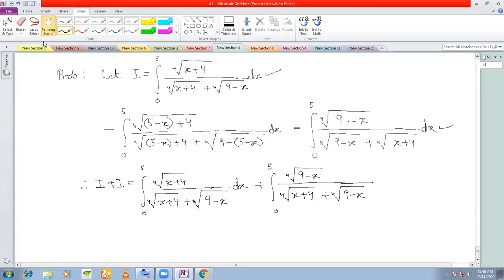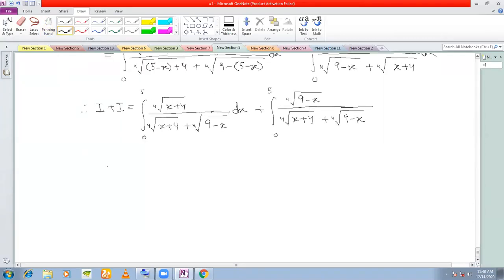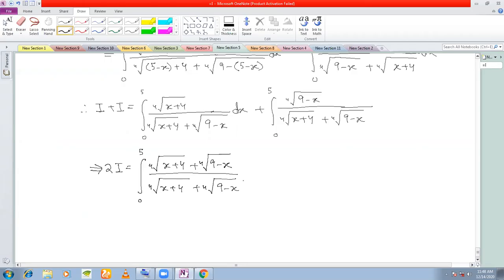Now you combine the two integrals into a single integral. That means 2I is equal to integral 0 to 5 of fourth root of x plus 4 plus fourth root of 9 minus x divided by fourth root of x plus 4 plus fourth root of 9 minus x dx.